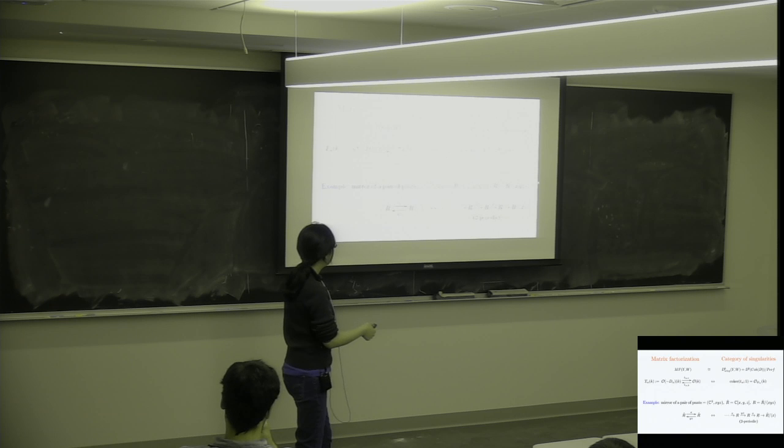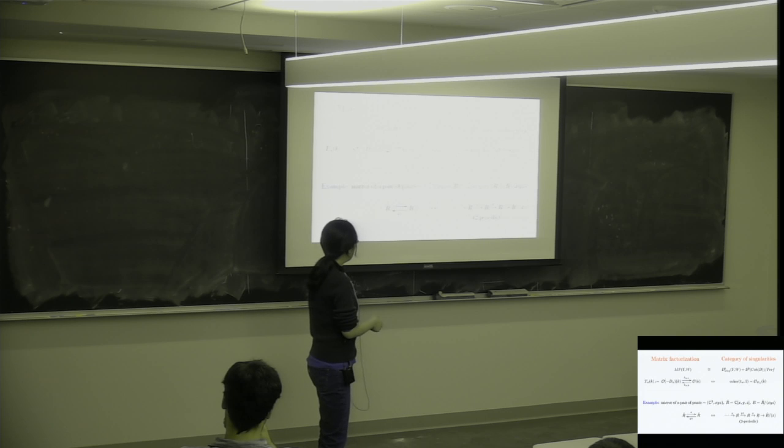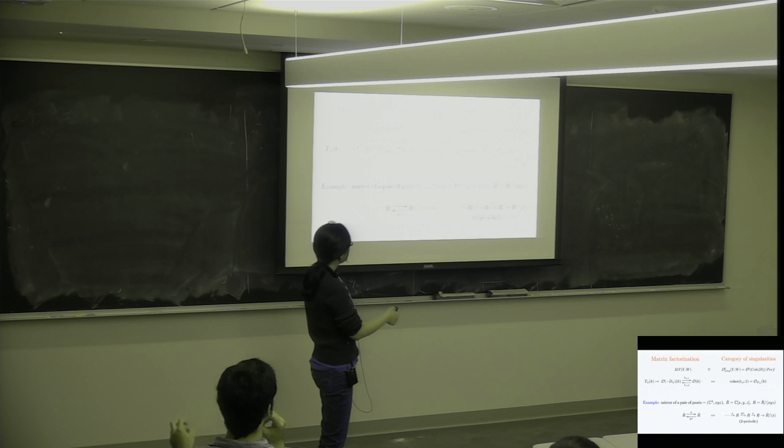And just a quick example: for the mirror of pair of pants, we have the mirror C3 with XYZ, and if we have those rings, we can consider the category of singularities.